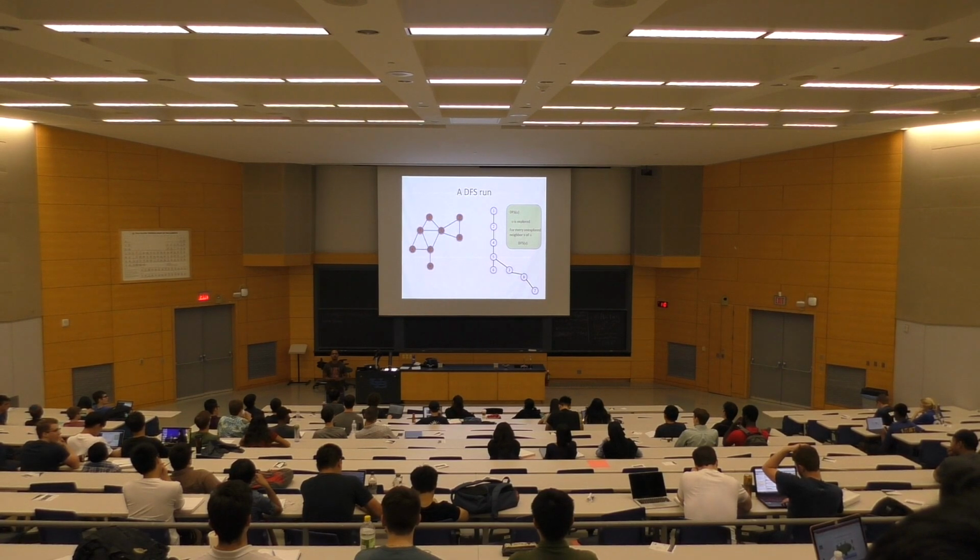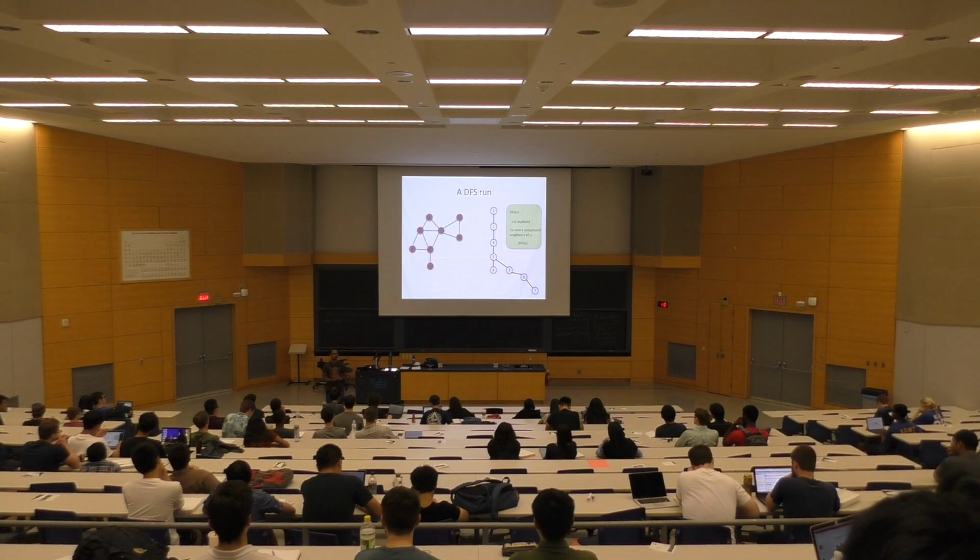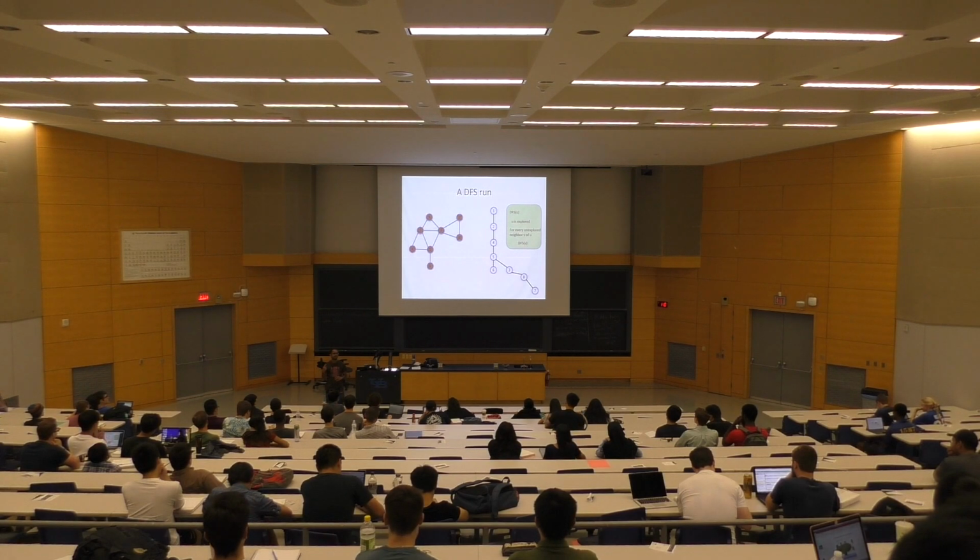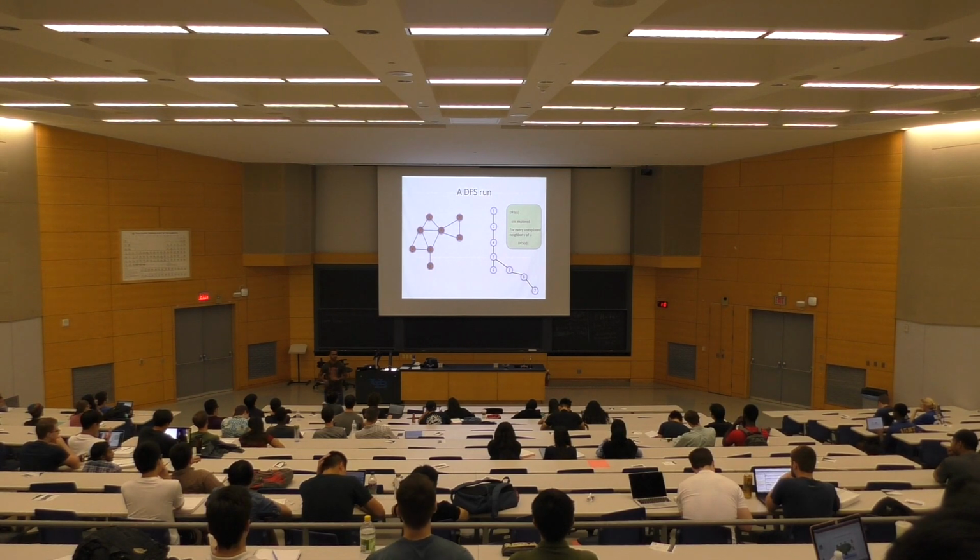Any other questions? Is everyone okay with this being a special case of the explore algorithm? Okay, so just to be sure, what would be the set R at any point of time in DFS?